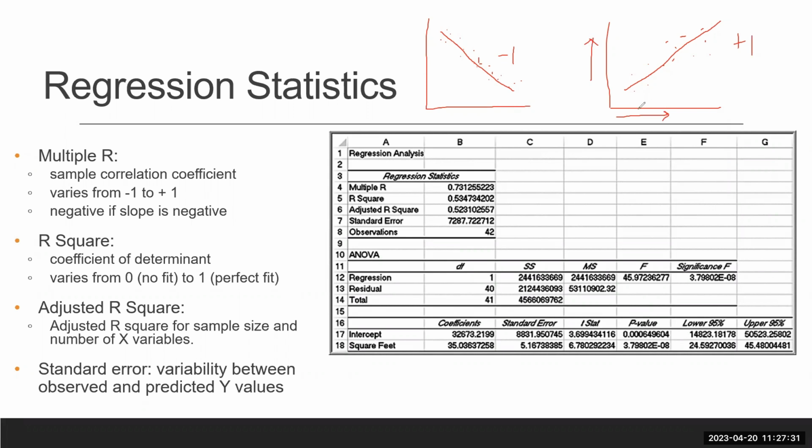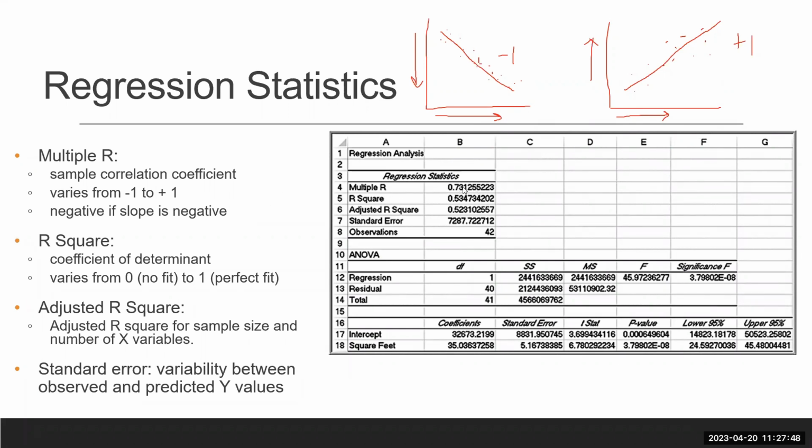As square feet increases, market price increases. This one means that as X increases, Y decreases. Okay, so that's the multiple R value.